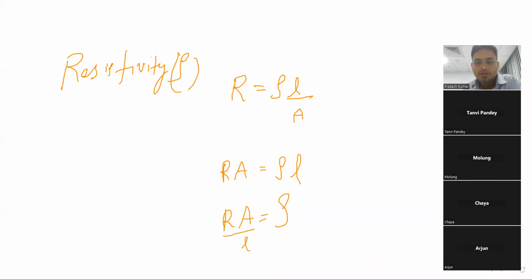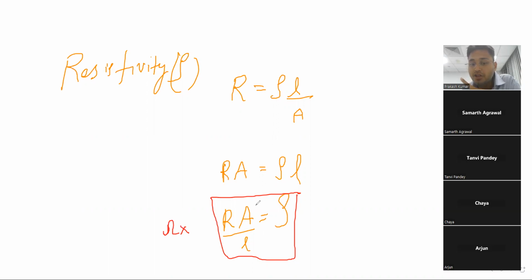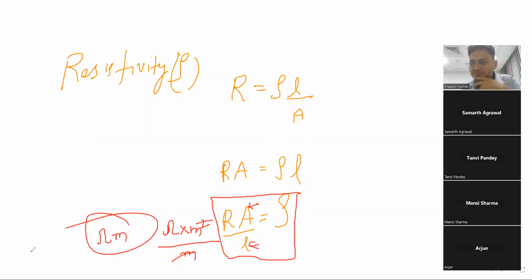So now, rho equals RA by L. The unit of R is ohm. The unit of A is area; what is the unit of area? Meter square. Divided by length, the unit of which is meter. So one meter got cancelled and the answer will be ohm meter. If you forget, you can take it out from this formula only. No need to remember this one.